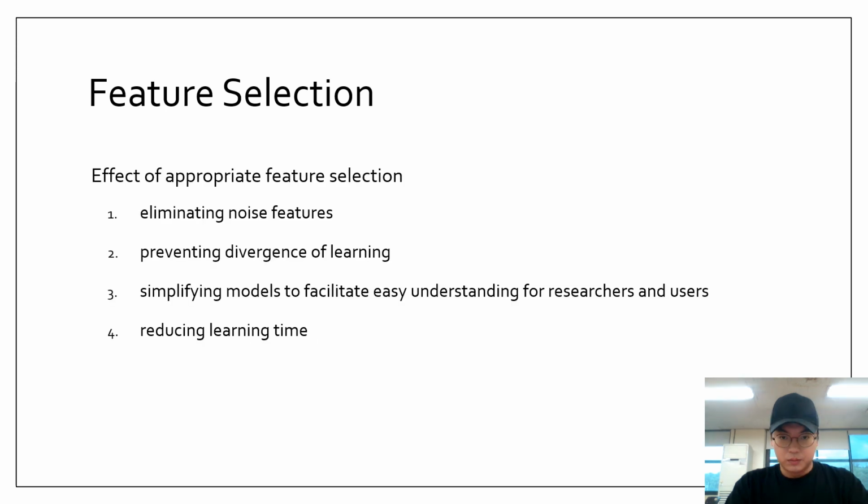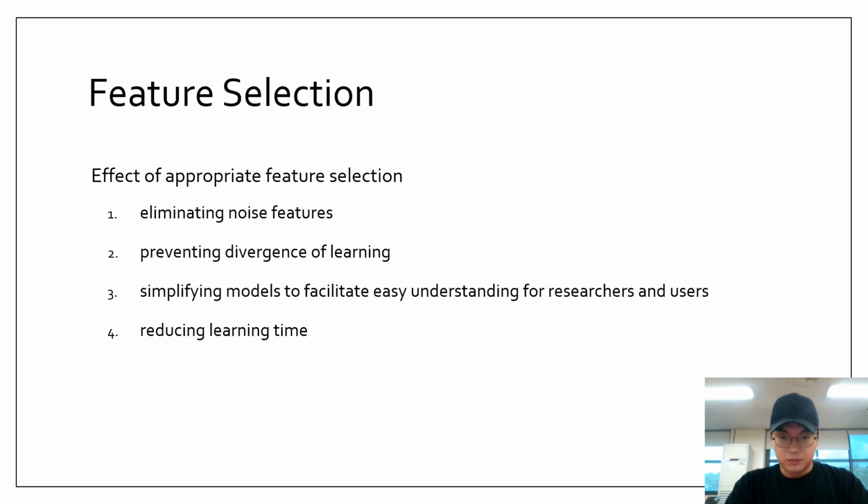As the proportion of unrelated features or noises in the dataset increases, the machine learning converges less, ultimately leading to divergence.